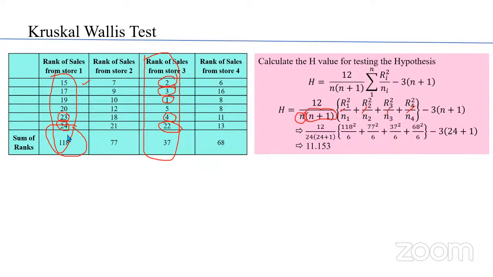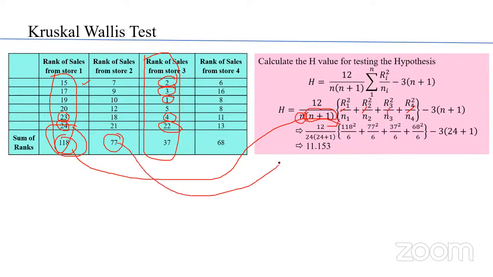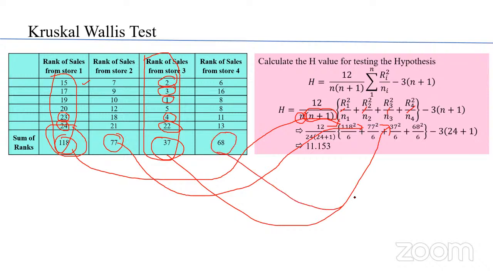That means, what is the rank sum of the first store? It is 118, which is shown here. Store 2's rank sum is 77, shown here. Store 3's rank sum is 37, so that has been taken as 37 square. Store 4's rank sum is taken as 68 square.